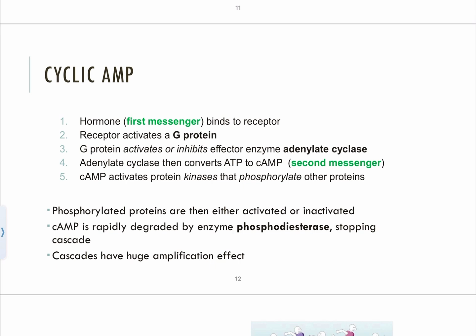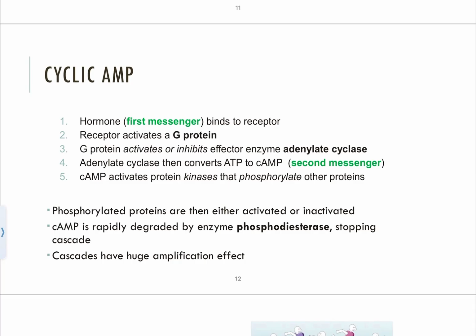If we have GDP bound, then our G protein is inactivated. Once we have our activated G protein with GTP bound, our G protein can go on and activate or inhibit some sort of effector enzyme. Typically, the effector enzyme is adenylate cyclase.